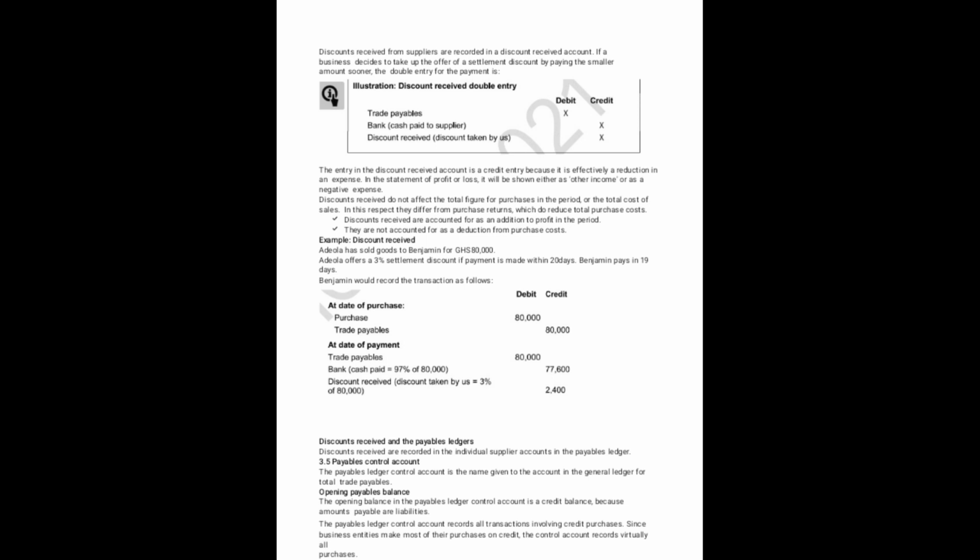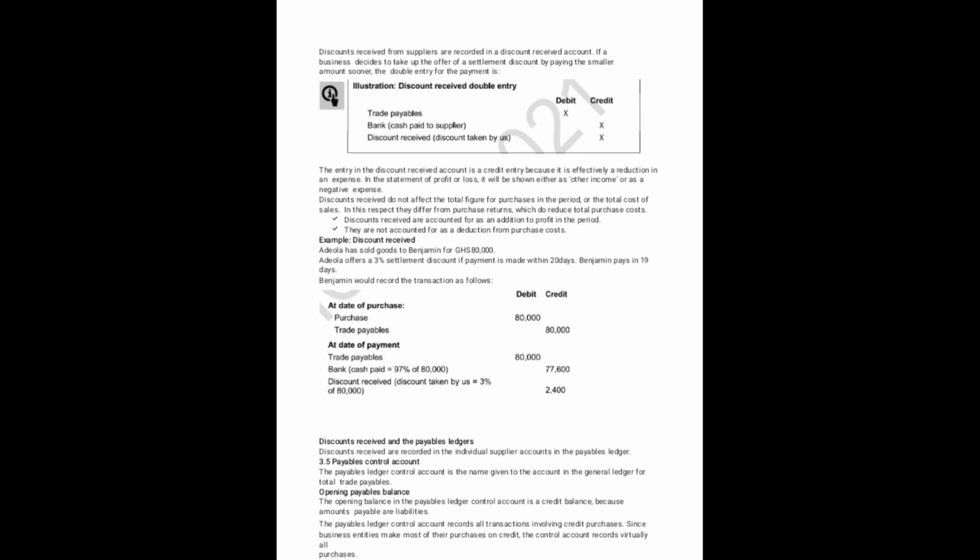Discount received and the payables ledger. Discount received is recorded in the individual supplier's account in the payables ledger. So in the payables ledger, that's the individual supplier's account, we record the discount received and the corresponding entry, because every debit entry should have a corresponding credit entry.